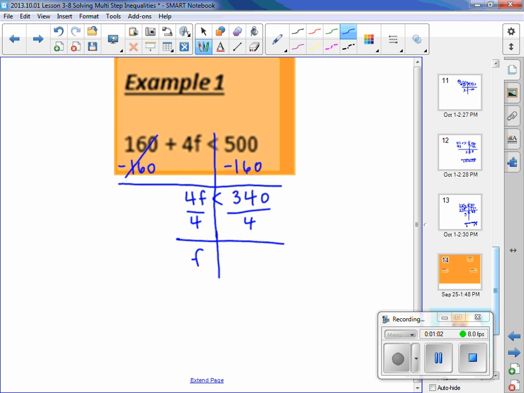So I get f is less than 85. Okay, so that's it. So I'll make a graph. Put 85, what type of circle should I use? Open circle, and I'm going to shade to the left.